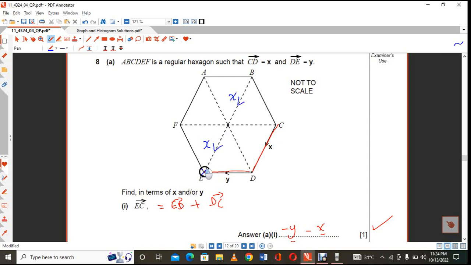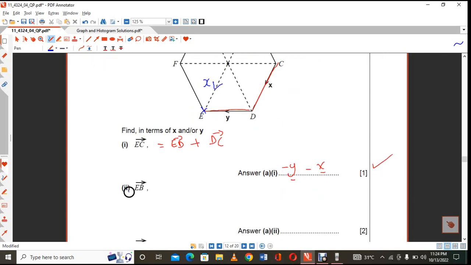When you go from E all the way up to B, you're going minus x, because we are going against the arrow. So it's minus x, so the answer is minus 2x. Clear?